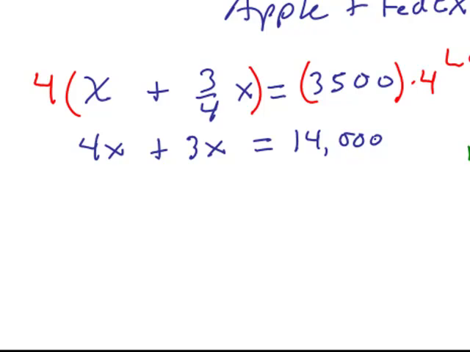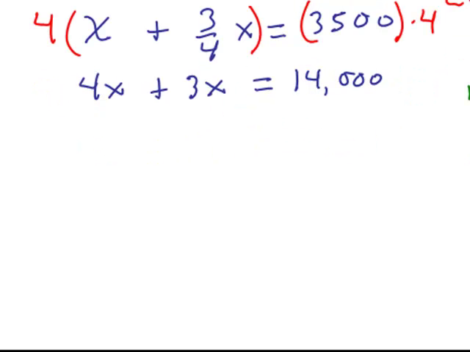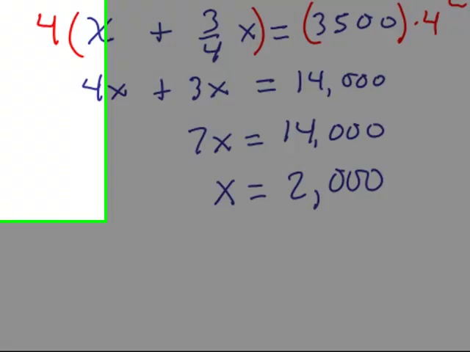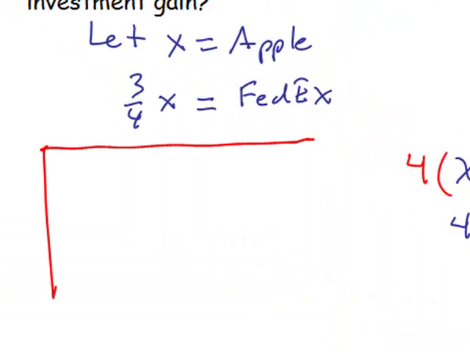Well, this becomes 7x equals 14,000. And fortunately, because 7 goes evenly into 14 two times, x is 2,000. I'm going to come off to the side here for a moment and remark that the Apple stock is $2,000.